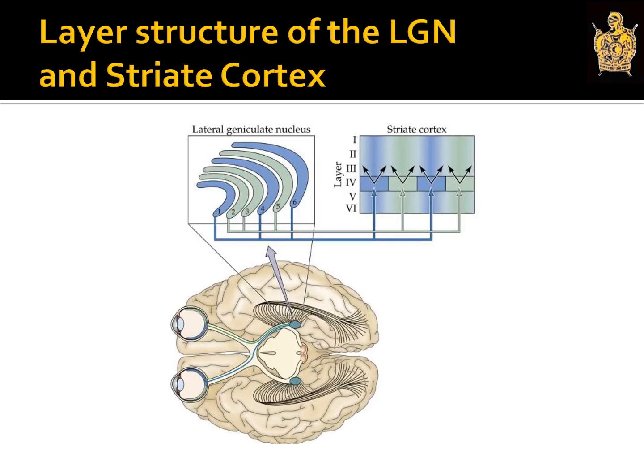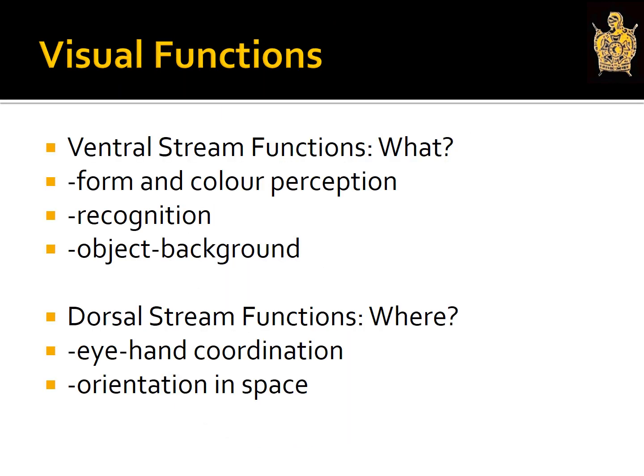The lateral geniculate nucleus has 6 layers, and so also the striate cortex has 6 layers. The ventral stream has the function of what? Looks at form, color perception, recognition, and object background, while the dorsal stream looks at where?